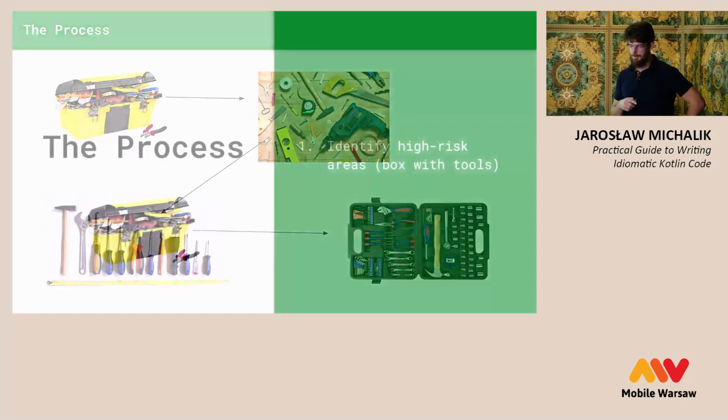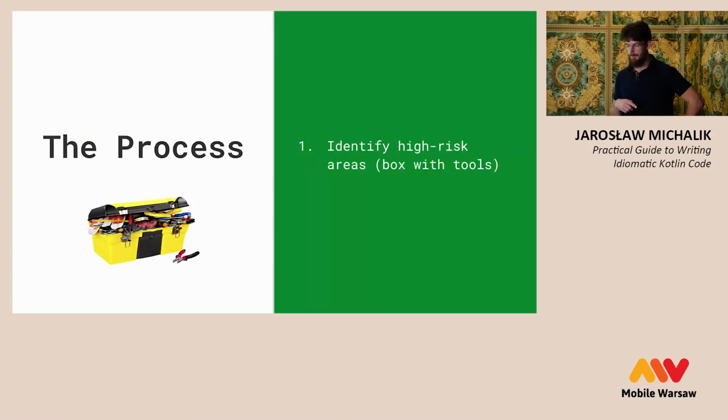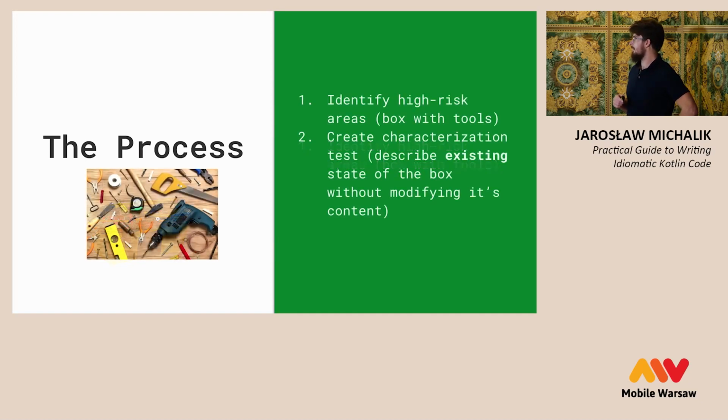And it's the same process in the software while refactoring to clean code. First, we are identifying those areas that need improvements, so we have our box with tools. In this part, we will try to introduce some unit tests, but without modifying the content of our box with tools.